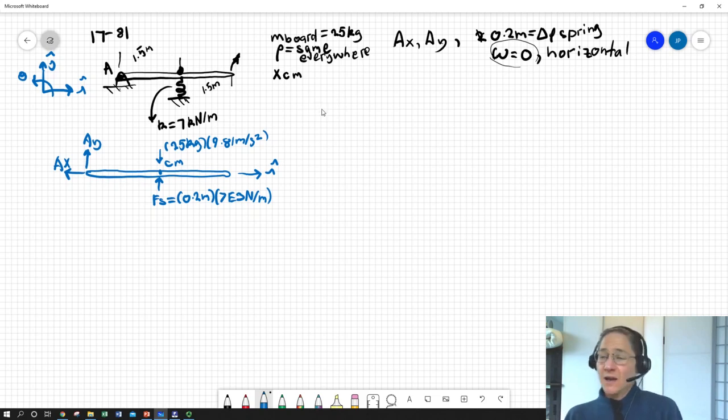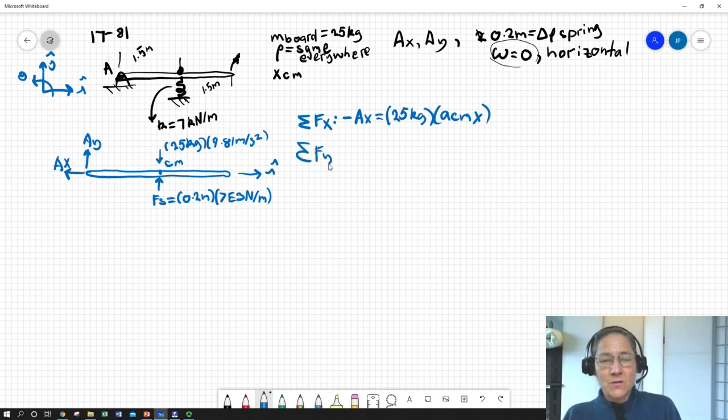Okay, so now I'm going to use what I have on my FBD to write some Newton's second law expressions. So I'm going to sum the forces in the x direction, which is all of negative AX, and that is going to be equal to the board's mass, which is 25 kilograms, times the acceleration of the center of mass in the x direction, whatever that ends up being.